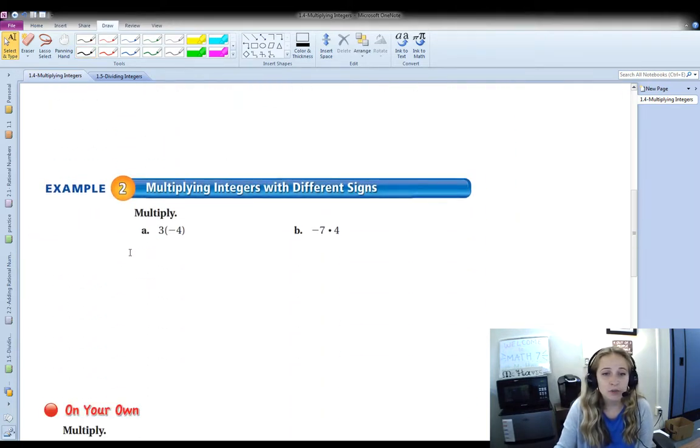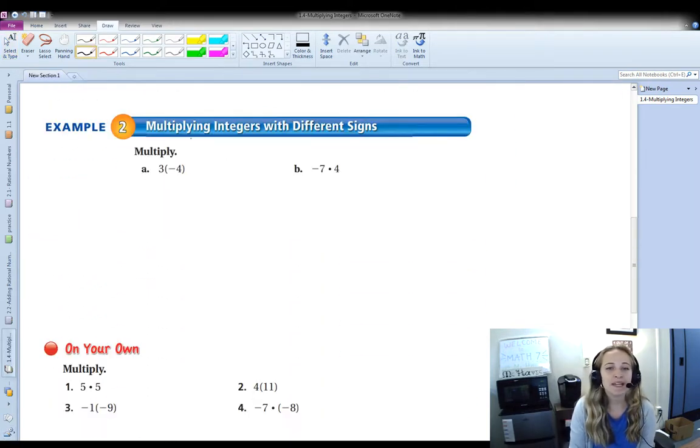All right, let's go to example 2, multiplying integers with different signs. You want to first identify, are they the same or different signs? Well, I see the 3 is positive and the 4 is negative. So these are different signs. That tells me, if I go up to the top where we just were, that my answer is going to be negative if I'm multiplying numbers with different signs.